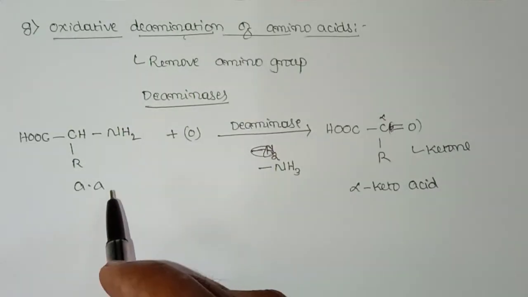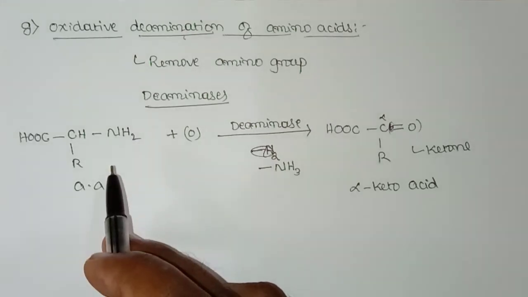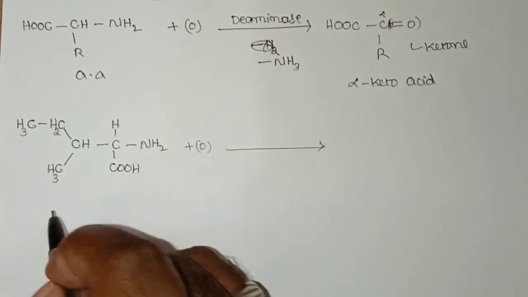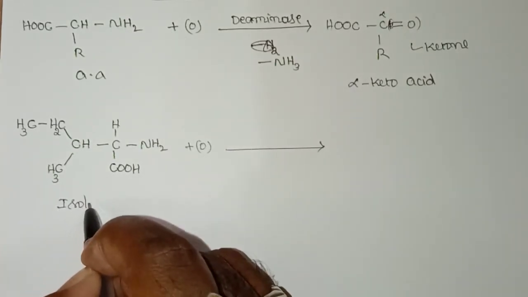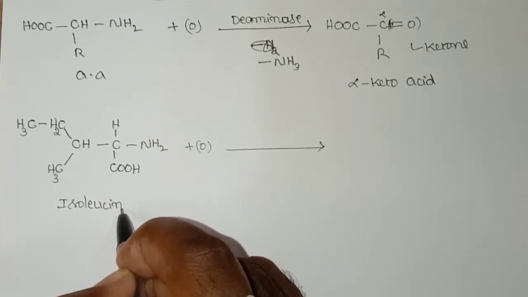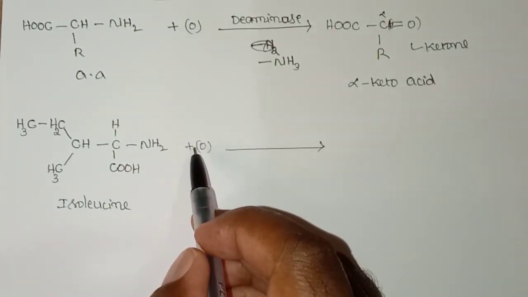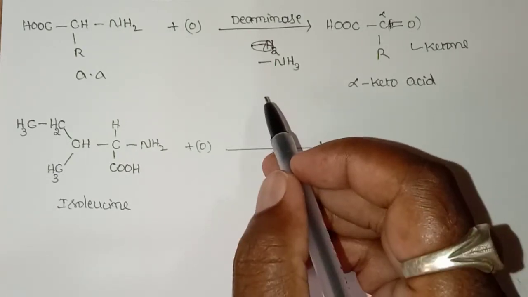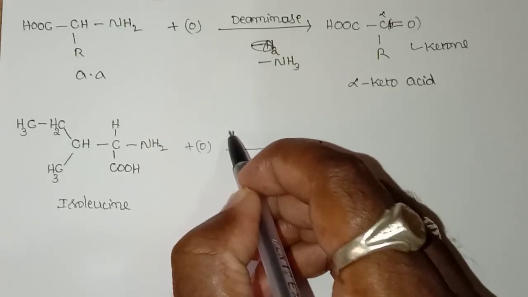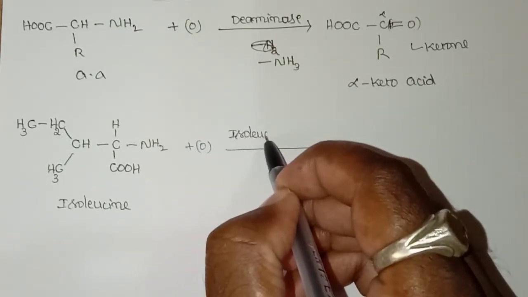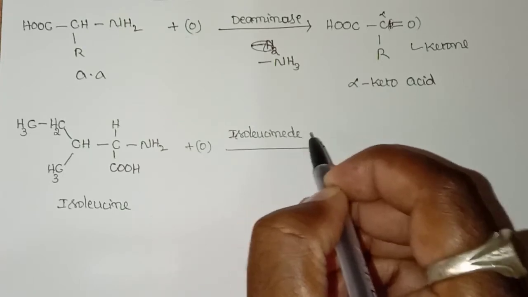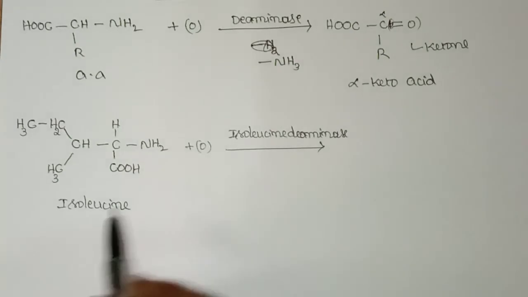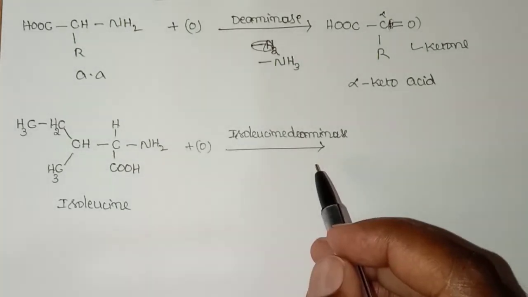Now we shall observe one example for oxidative deamination. Here we have considered the amino acid isoleucine. When isoleucine is subjected to oxidation in the presence of a suitable enzyme, the enzyme that should be used is isoleucine deaminase, the corresponding enzyme which performs the deamination reaction of the amino acid isoleucine.